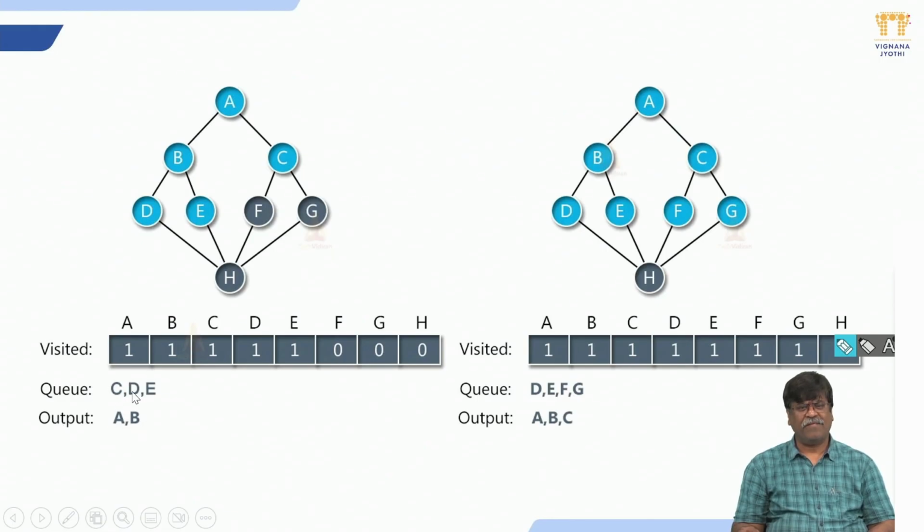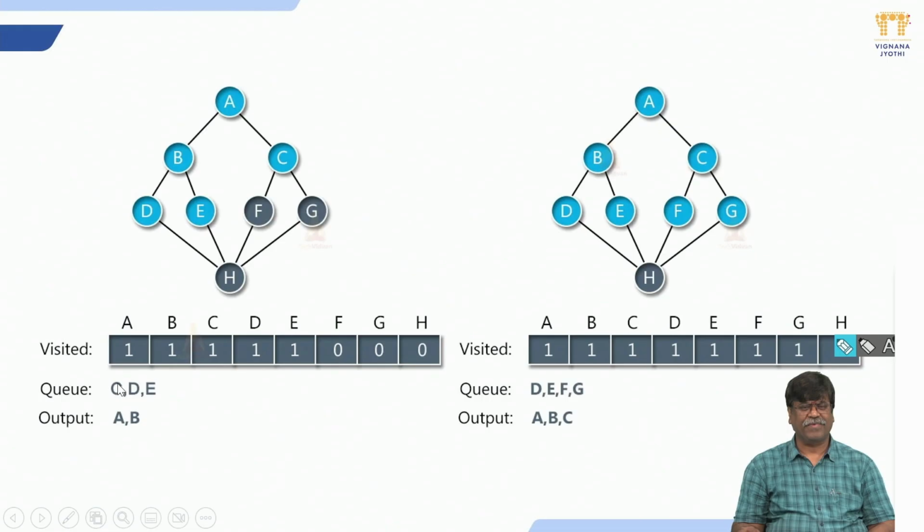And in the queue I am having the next vertices for which I am supposed to explore the adjacents: C, D, E. And all these vertices are already visited: A, B, C, D, E. Now you can take the next element from the queue. What is the next element I am having in the queue?